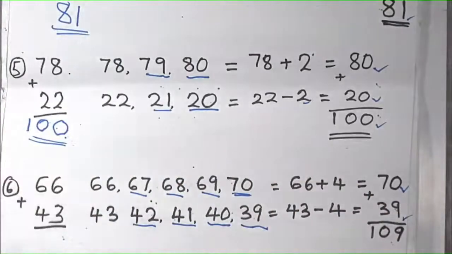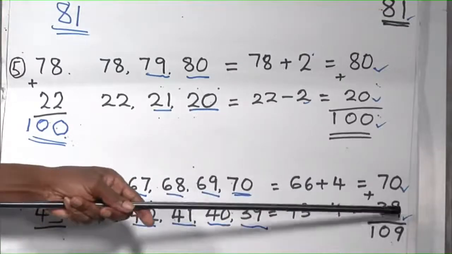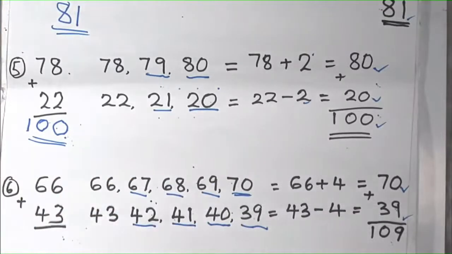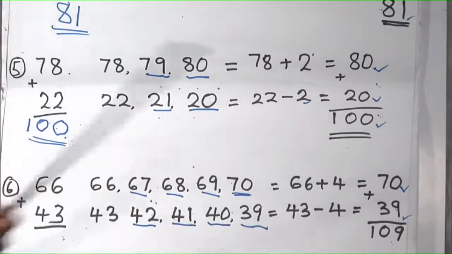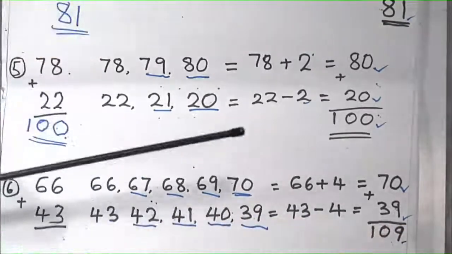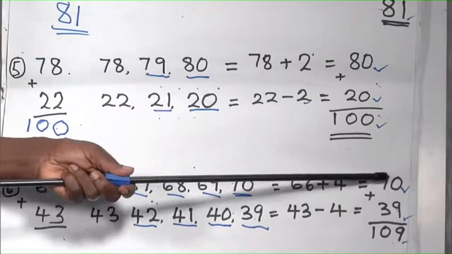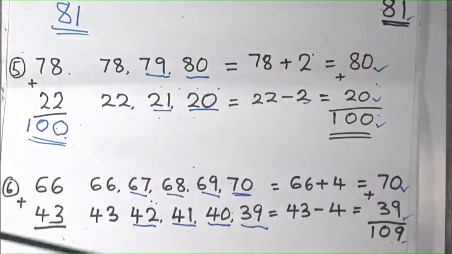So we are adding 70 to 39. 0 plus 9 will give us 9. 7 plus 3, 7, 8, 9, 10. So that will give us 10.